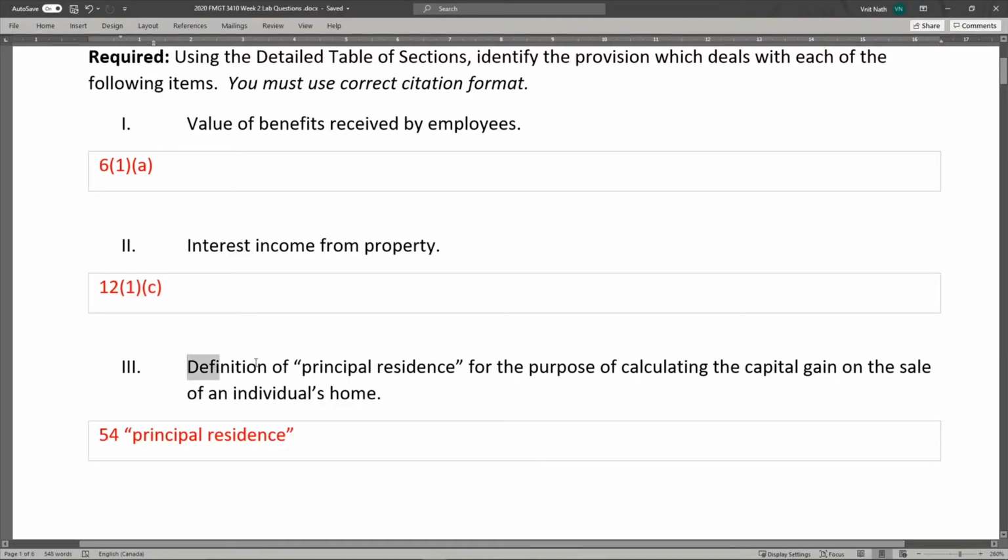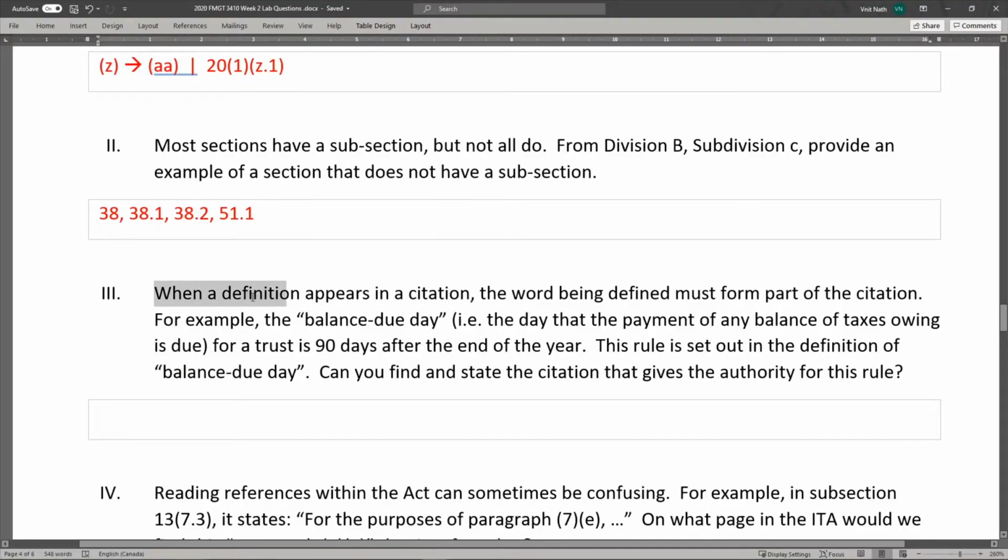When we were looking at the definition of principal residence, the citation, section 54, had to include the defined term, principal residence, in quotations. That's what question 4, part 3 is referring to when it says, when a definition appears in a citation, the word being defined must form part of the citation.